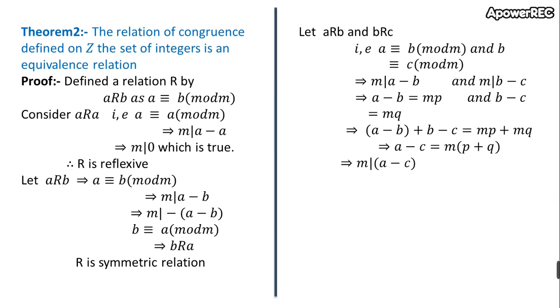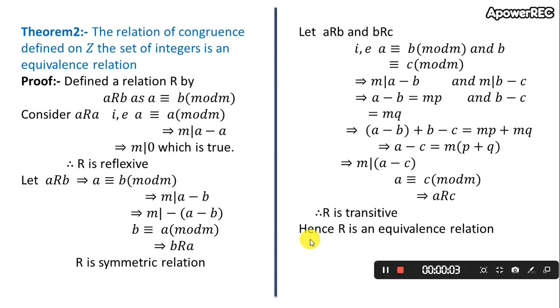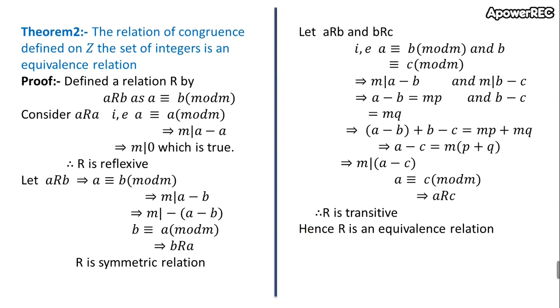That implies that a minus c is a multiple of m, hence m divides a minus c, which is nothing but a is congruent to c modulo m, hence a related to c. Therefore R is a transitive relation, hence R is an equivalence relation.